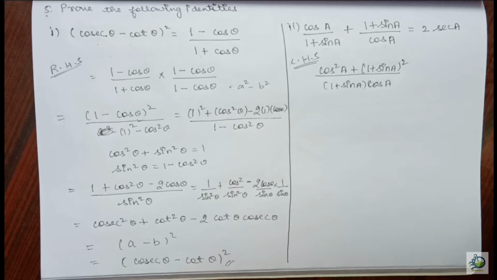Cos square theta by sin square theta is cot square theta, cos theta by sin theta is cot theta, and 1 by sin theta is cosecant theta. So this represents the identity a minus b the whole square. So this can be written as cosecant theta minus cot theta the whole square.